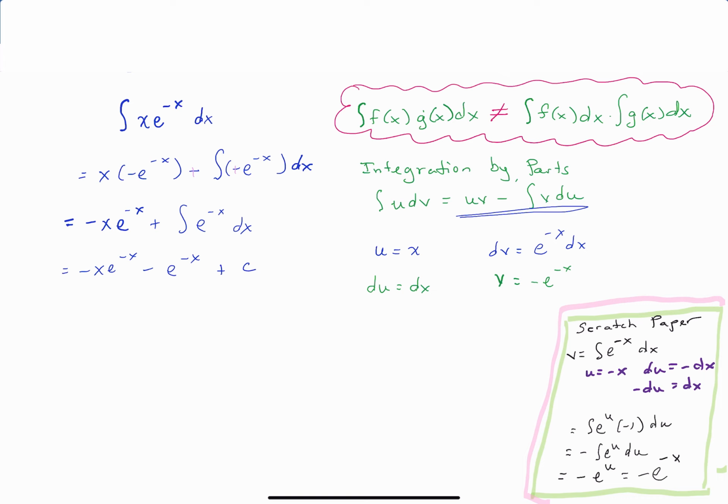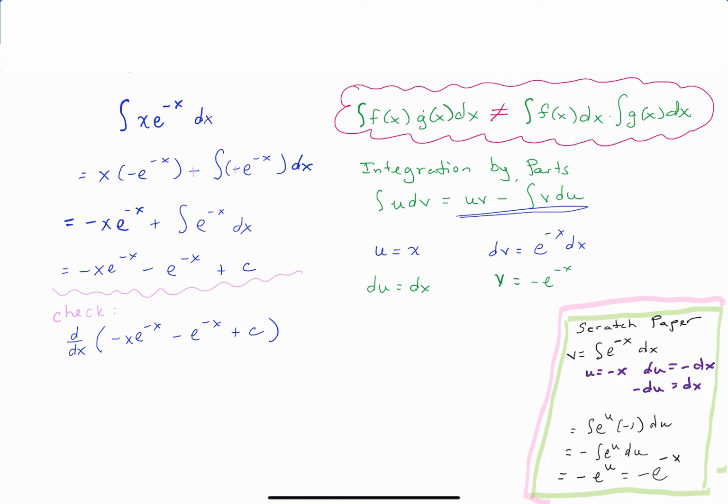Let me remind you that there's something you can always do to check your answers when you've done an integration problem, because finding antiderivatives is much more complicated than finding derivatives, and it's helpful to know that you can check your answers. So the way to check is to see that if I were to differentiate this back down, remember differentiation and integration are opposite operations.